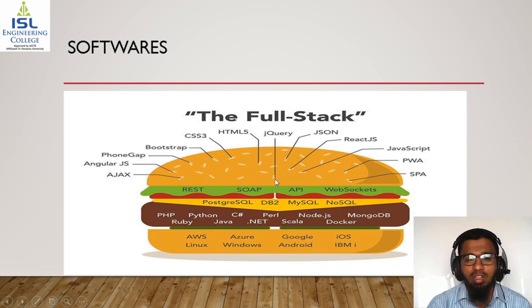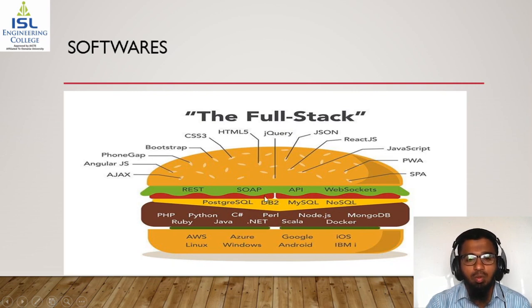And down at the back, like in the middle of the burger, you will get the Spanish, the cheese and sauce. So that is like backend: REST, SOAP, API, WebSocket, DB2, MySQL, NoSQL.